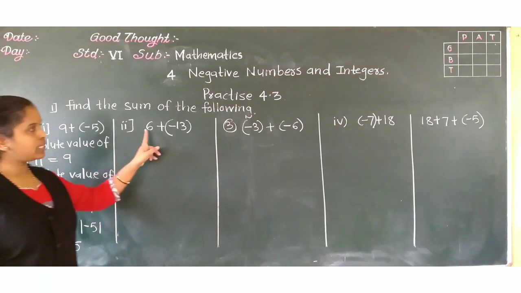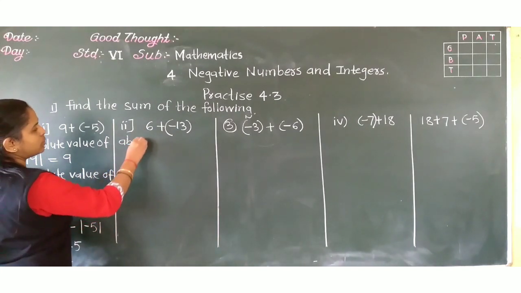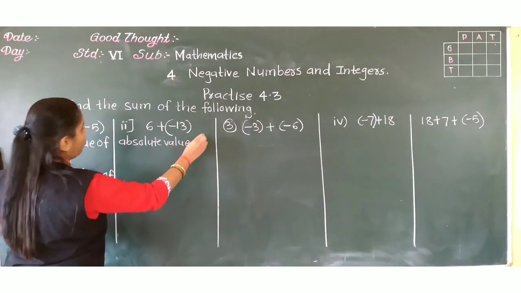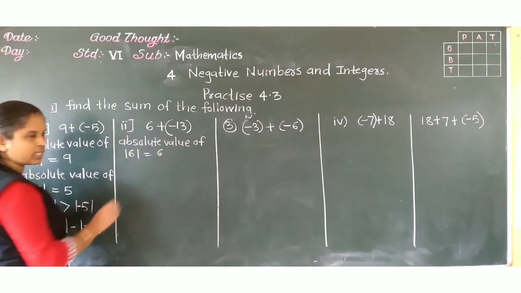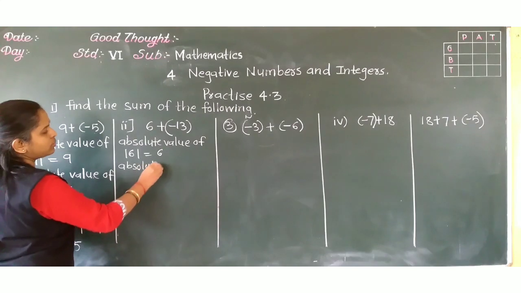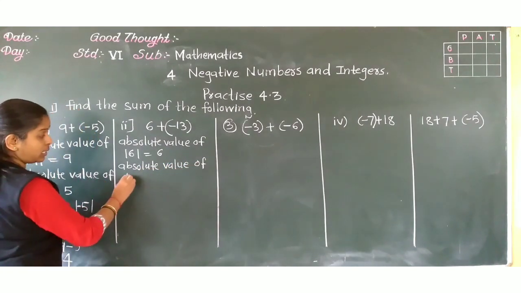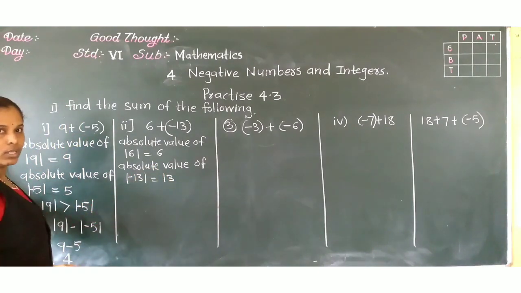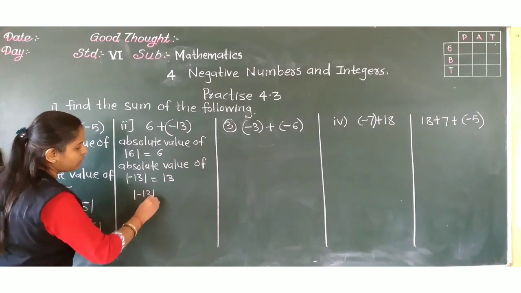Follow? Now here, the absolute value of 6 is 6, then the absolute value of minus 13, what will it be? Plus 13. Now who is greater? The absolute value of minus 13 is 13.